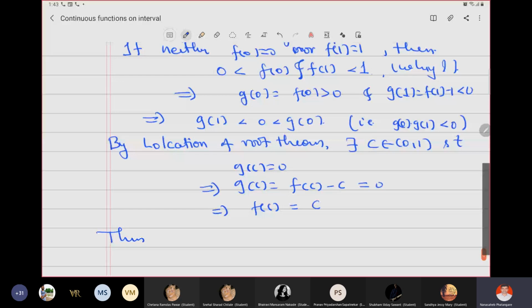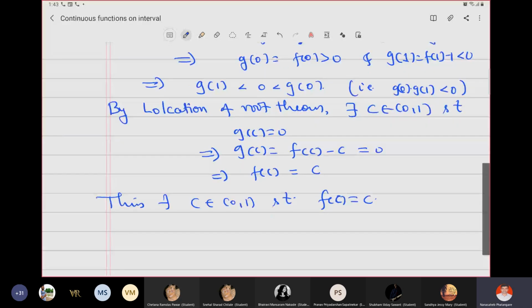So if f of 0 is 0, nothing to prove, or if f of 1 is 1, also nothing to prove, but if neither, then also there is a c. So in any case, we can always find a point at which the function has a fixed value. So c is a fixed point, right?